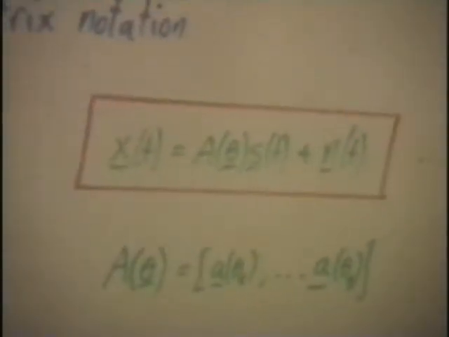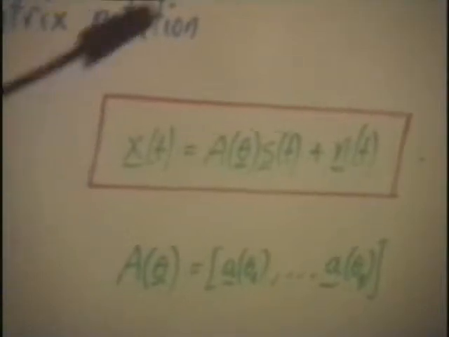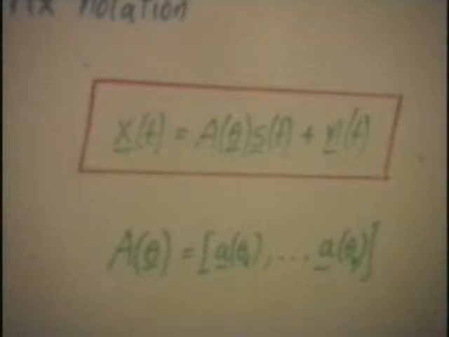So this matrix A of theta is composed of columns which are parameterized only by the different directions. So we're assuming that we know the functional form A of theta. This is very important information which we're going to exploit in order to get the estimates.